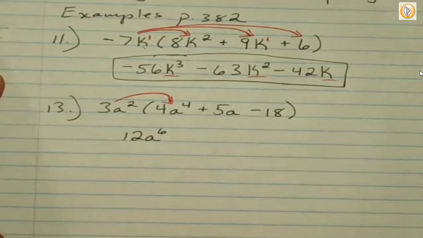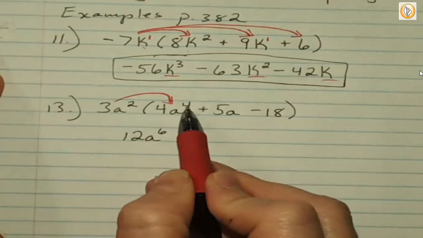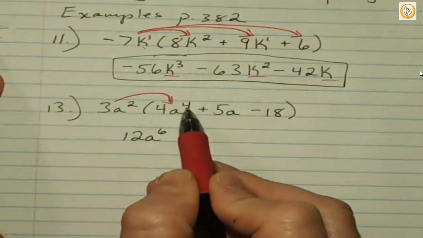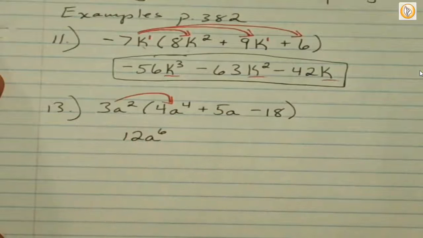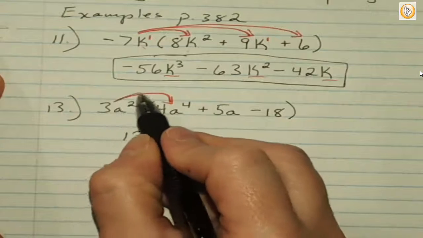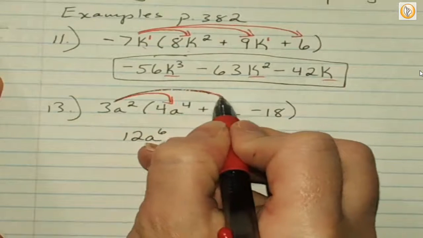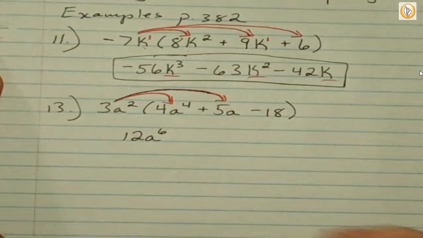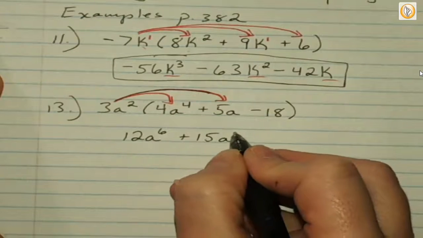She's correct. Good job. The bases are the same, so we add the exponents when we're multiplying. So 2 and 4 is 6. And guys, I would recommend drawing the arrows just like I'm doing it. Olivia, 3a squared times 5a. To the 3rd power. Good job.